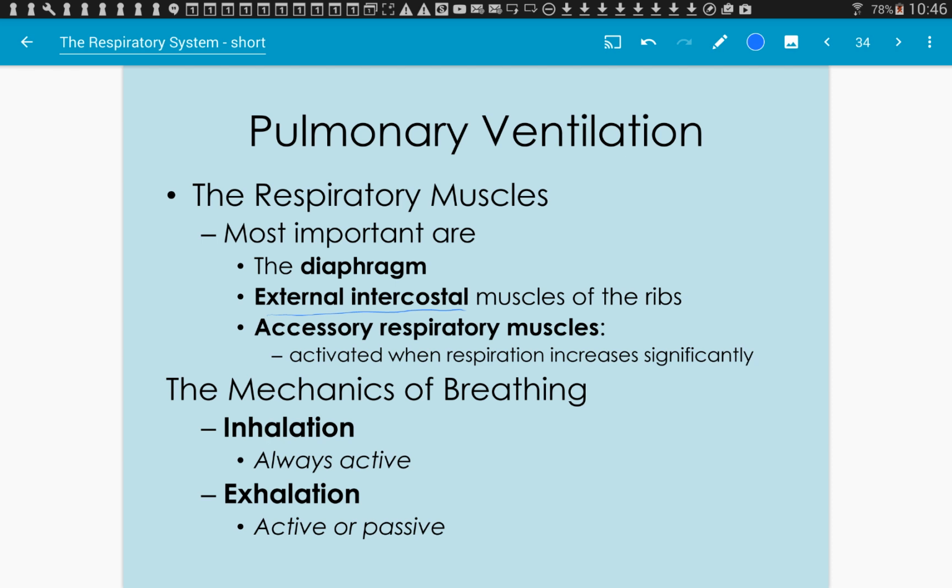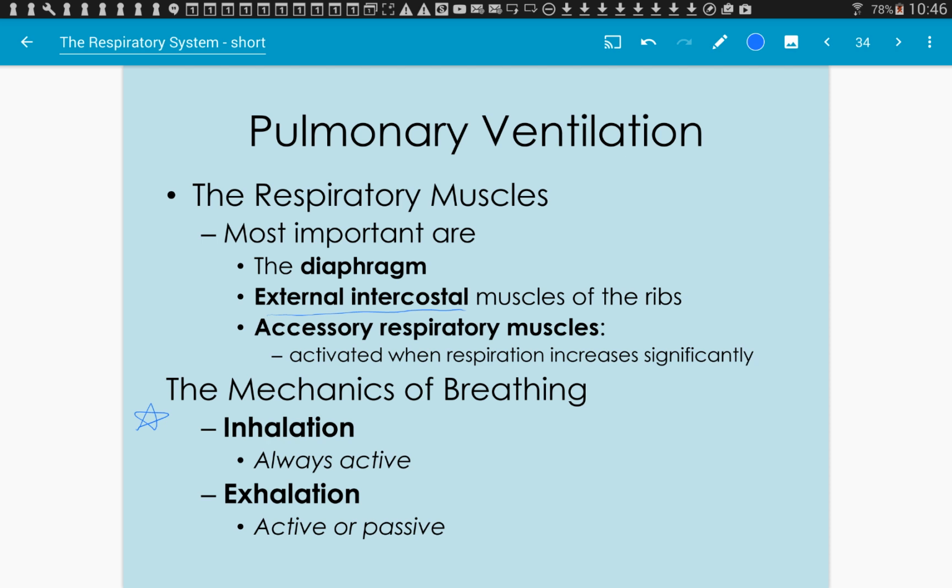And then there's some other muscles, we just call them accessory muscles, that also assist in the breathing process. So, talking about this bottom portion here, the difference between inhalation and exhalation, how much energy are we spending? Every time you inhale, you are using energy.